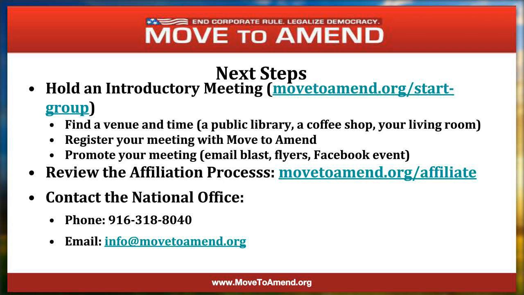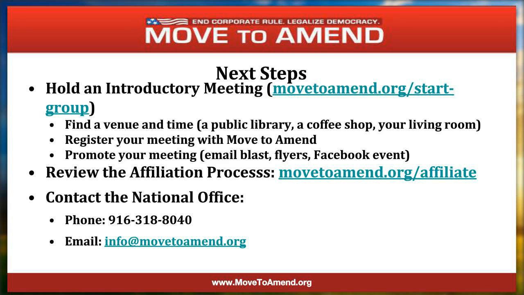And then, of course, review the affiliation process once you feel prepared to really become a local affiliate group. You can go to movetoamend.org/affiliate and find the readings that are key to really giving you a background of what Move to Amend does, why we're building this democracy movement, and what it means to become a local affiliate.